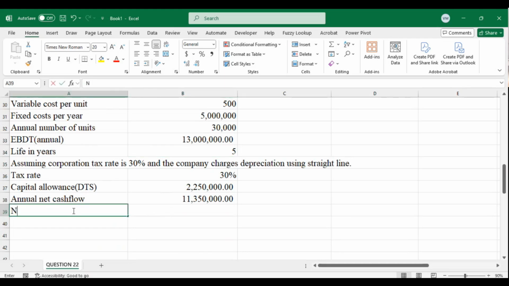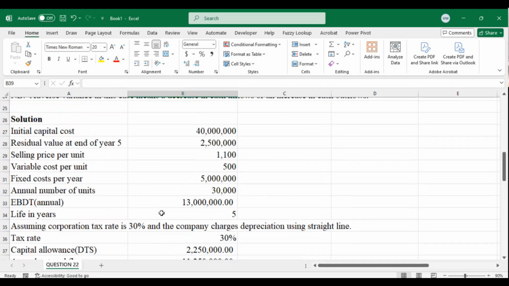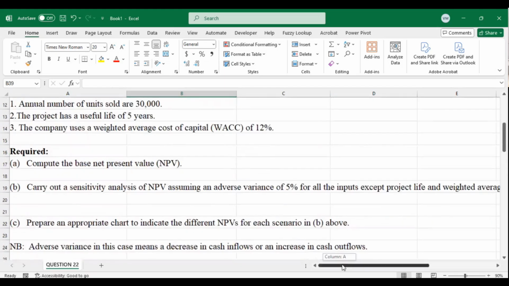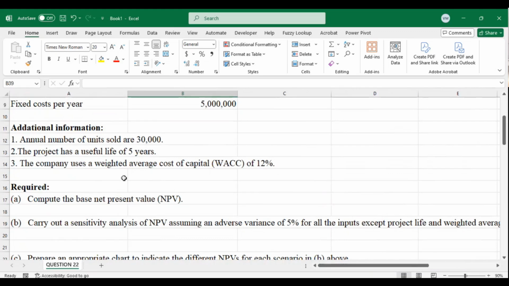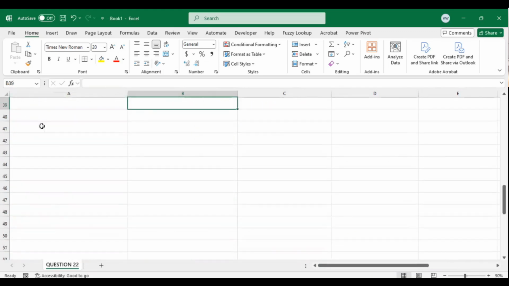So let's get now our net present value. Before we get the net present value, we have one last thing that we need to introduce, and that is the discounting rate. The question told us that we use the weighted average cost of capital as our rate, and the weighted average cost of capital is 12%.